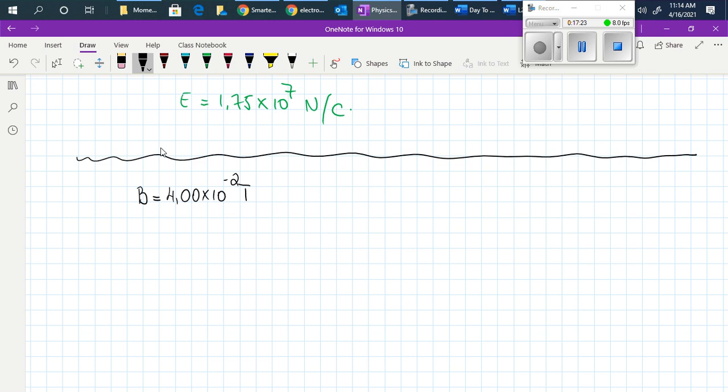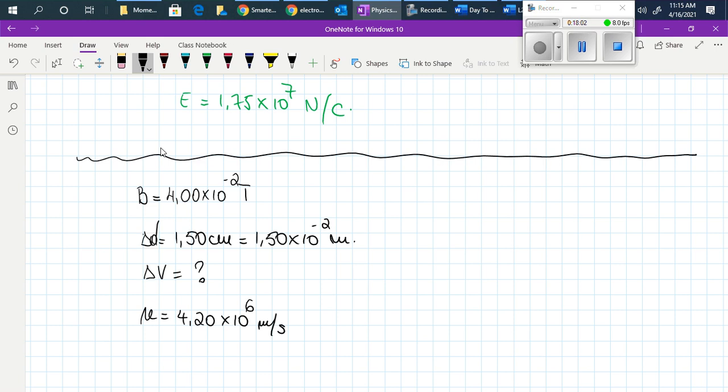If the electric field is produced by two parallel plates that are apart, delta D, 1.50 centimeters, which is 1.50 times 10 to the power of -2 meters, what is the potential difference between those two plates so that a charged ion with a speed of 4.20 times 10 to the power of 6 meters per second will pass undeflected through the selector?